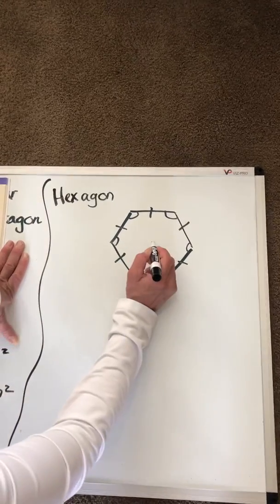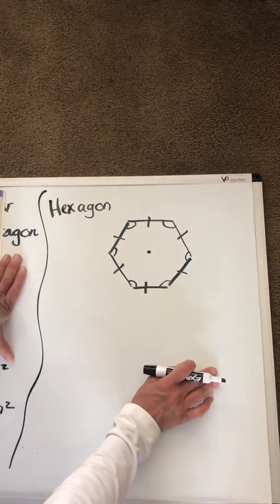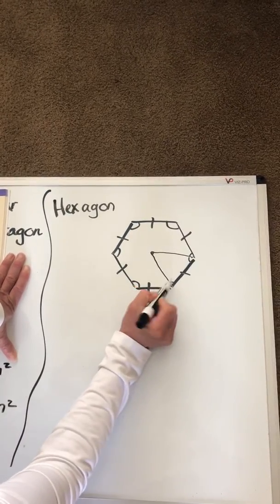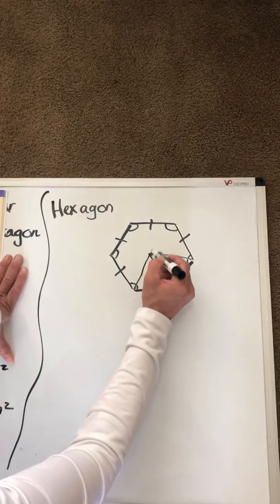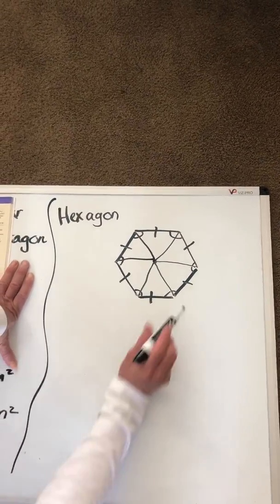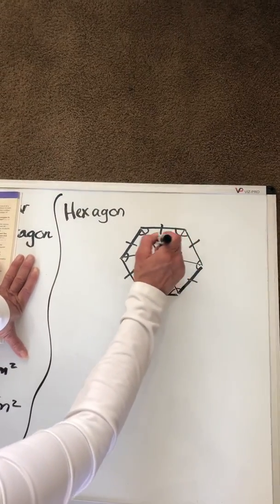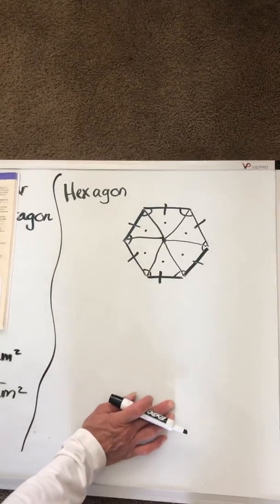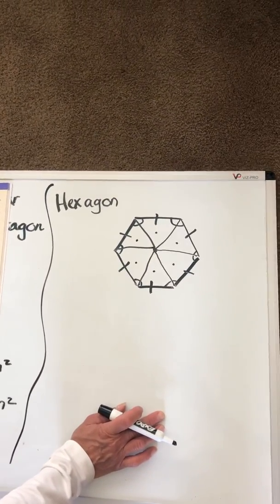We're going to draw a point in the center of this hexagon, and we're going to draw lines to the vertices. And if you did that correctly, I know those aren't very straight, but you should have 1, 2, 3, 4, 5, 6 congruent triangles because this is a hexagon with 6 equal sides and 6 equal angles.